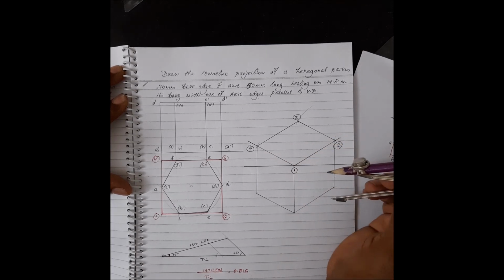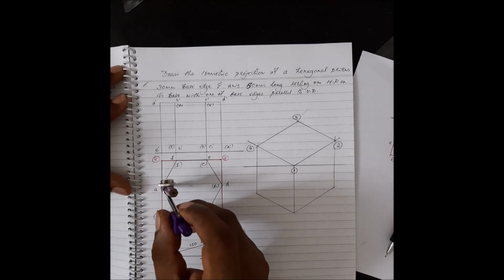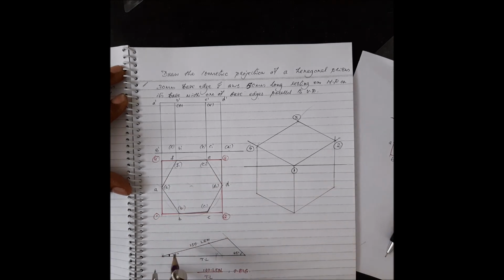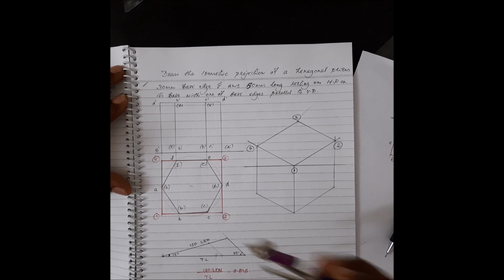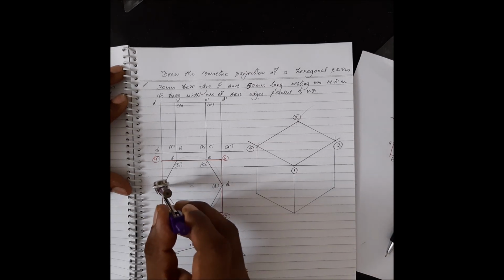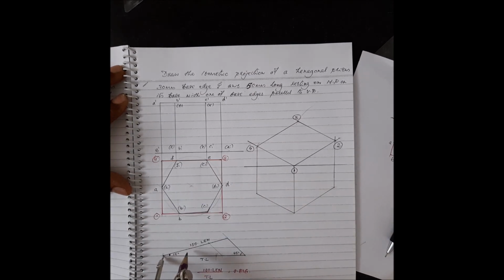No, wrong. That's a common mistake most of the students make. Before offsetting the distance, you have to find out what? The corresponding isometric length. So each time you have to find out the isometric length, right?